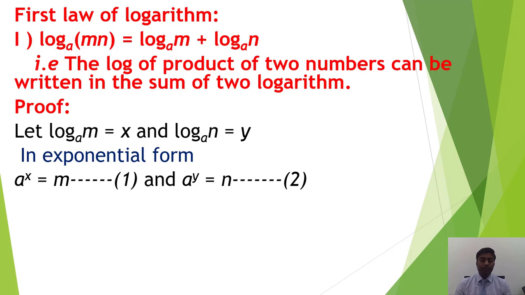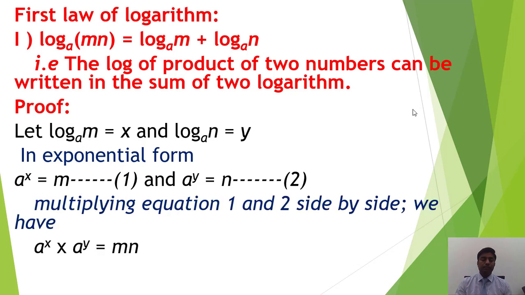In exponential form, a raised to power x is equal to m and a raised to power y is equal to n. Multiplying equations 1 and 2 side by side, we have a raised to power x multiplied by a raised to power y is equal to mn.